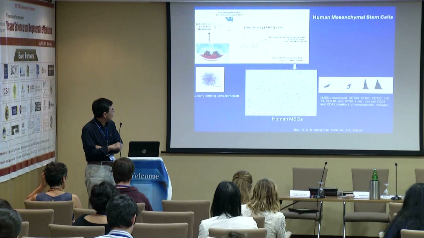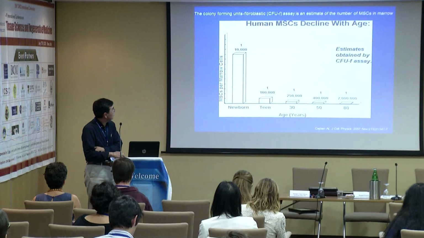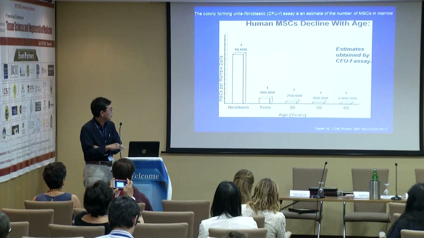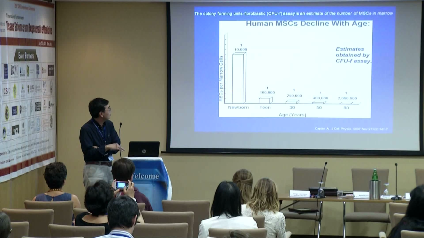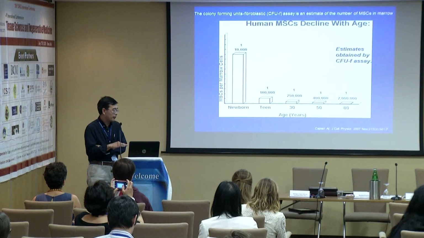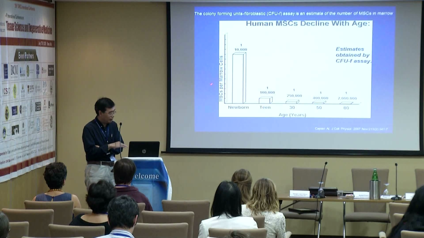Also, if you culture them at low density, they can form colonies. They call it colony forming unit fibroblast. By counting these colonies, you can know the stem cell number in vivo. For example, in the newborn, among about 10 to the 4 bone marrow cells, you have one mesenchymal stem cell. When we grow, the stem cell number significantly decreases.